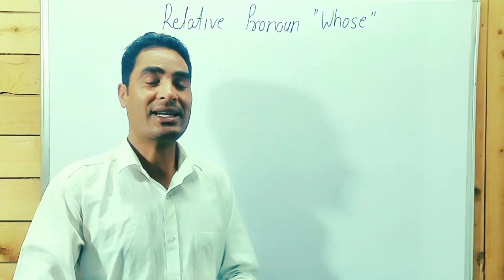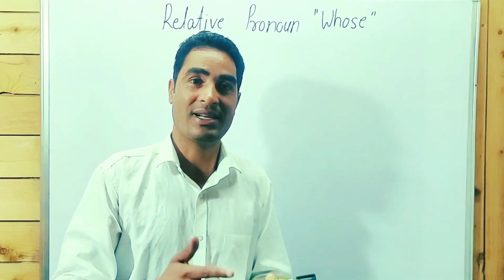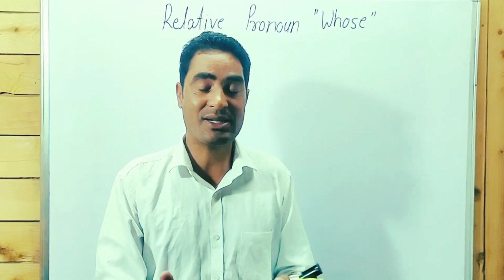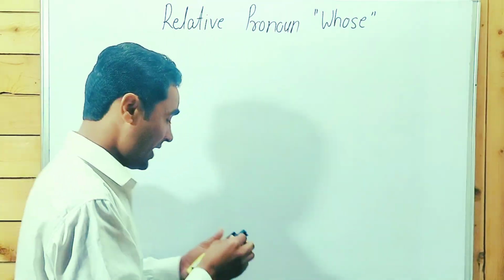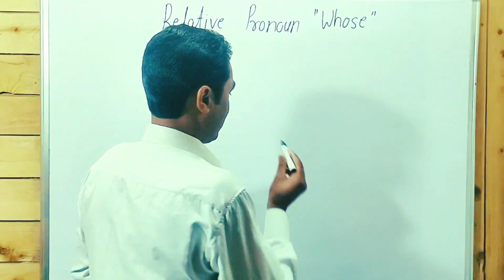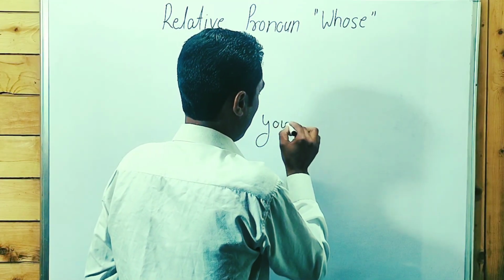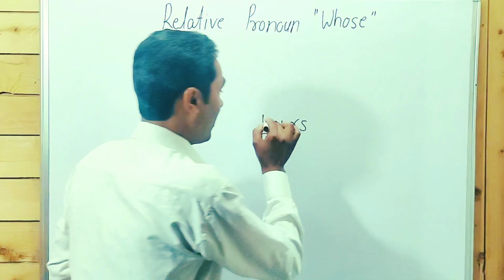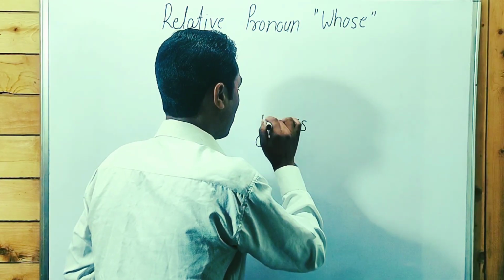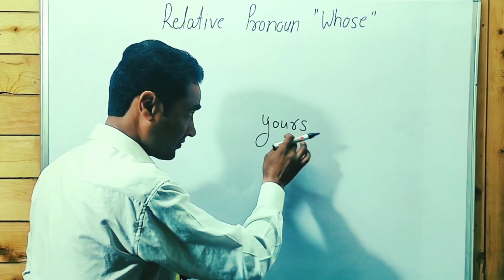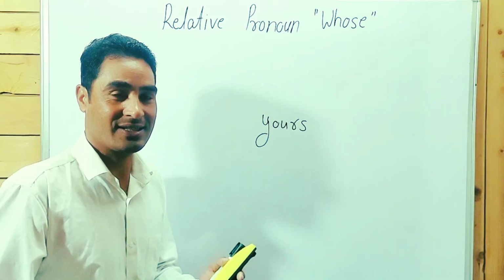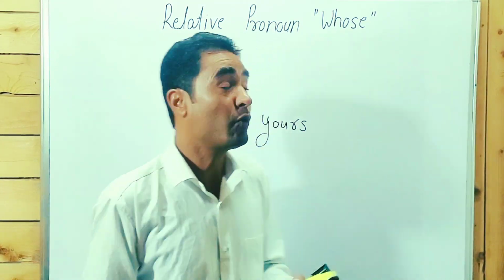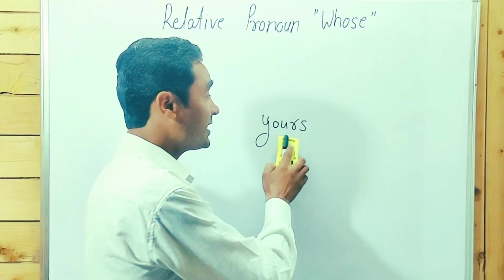You is used as both subjective and objective case, and the possessive case is yours. Yours, not apostrophe s, guys. Only yours can be written without apostrophe s. This pen is yours.